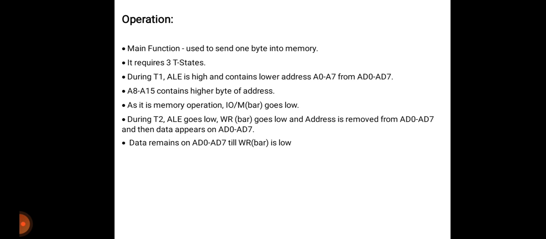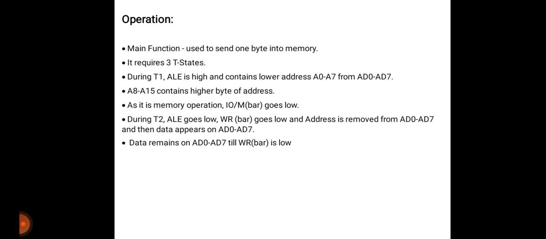Then next is A8 to A15, which contains the higher byte of the address. As it is a memory operation, IO by M bar goes low, means IO by M bar is at logic 0.